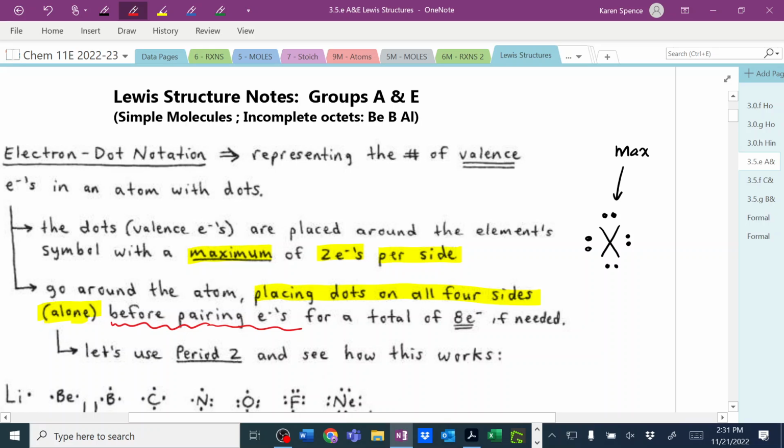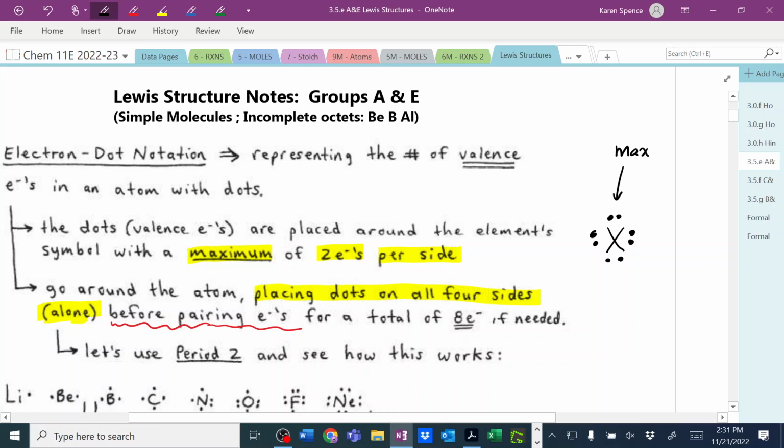So if I was to draw my electrons on there, I wouldn't do it like I just did. I knew I was going for the maximum, so I would go 1. Where would I put number 2? On the right. 3, down. 4, 5, 6, 7, 8.